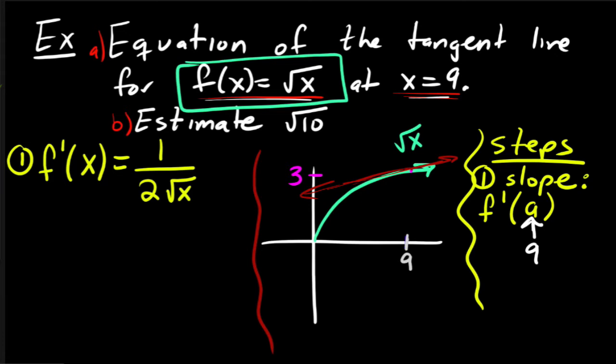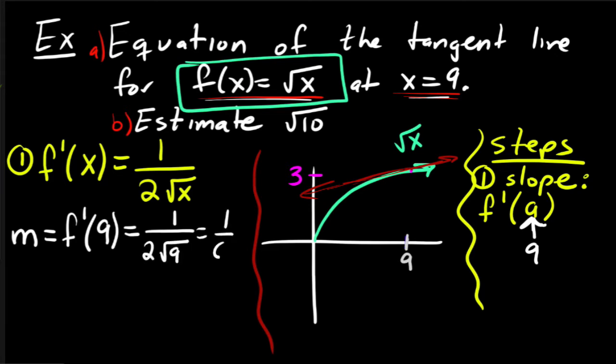Then the slope, I'm going to call it m, the letter for the slope in y equals mx plus b, is equal to f prime at 9, for the reasons we just talked about. And so this is equal to 1 over 2 times the square root of 9, which is 1 over 6. So this right here is the slope.